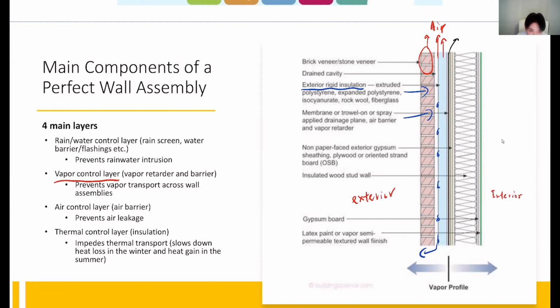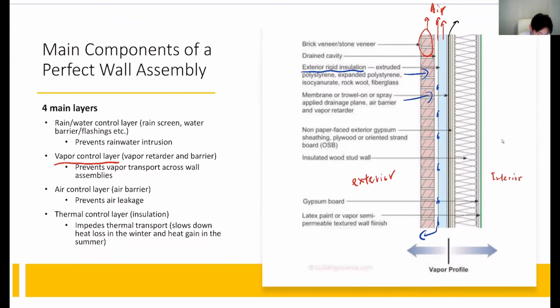That prevents vapor transport across the wall assembly. Because water can be in liquid form or gaseous form, it can be either water or vapor, so we want to control both of them in order to make our assembly robust.